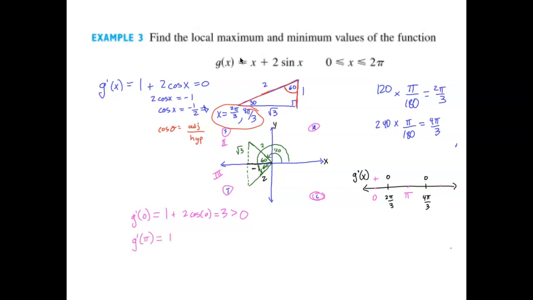Again, you could pop this into your calculator. It's 1 plus 2 times cosine of pi. Cosine of pi is -1. So it's -1, so it's less than 0. So negative. And then 4 pi over 3. Something after that, maybe 2 pi.